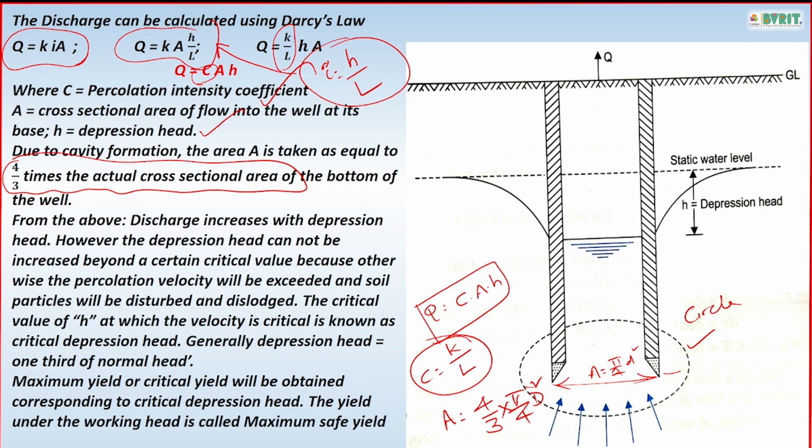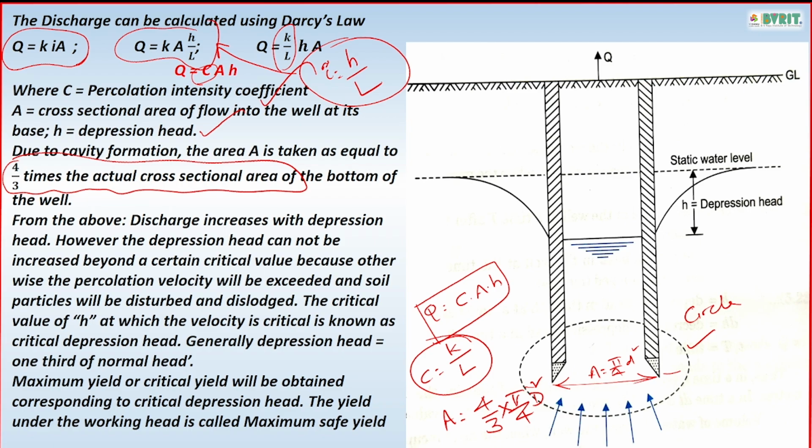When there is more and more velocity, there is a problem: if you want more and more discharge, the depression head keeps going down, and at a certain point along with water, the soil particles also get dislodged and move up. Then you are drawing not only water but soil also. That should not happen.